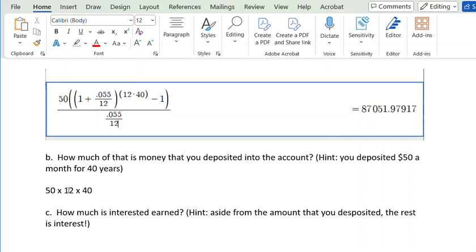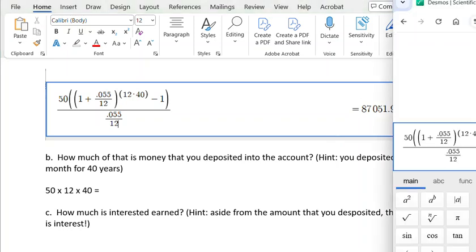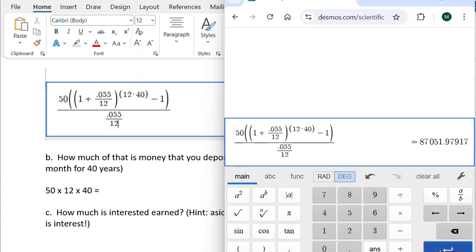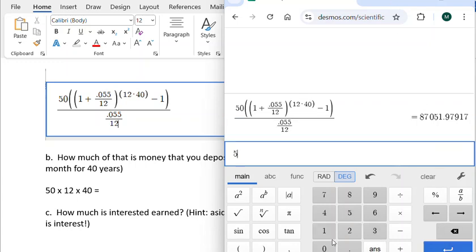So 50 times 12 times 40 is going to give me the total amount that I put into the account. On my calculator, I can figure that out. That's going to be $24,000.